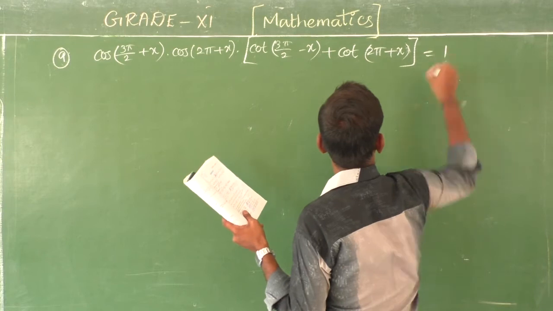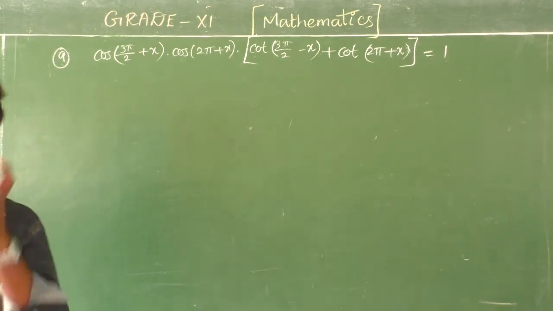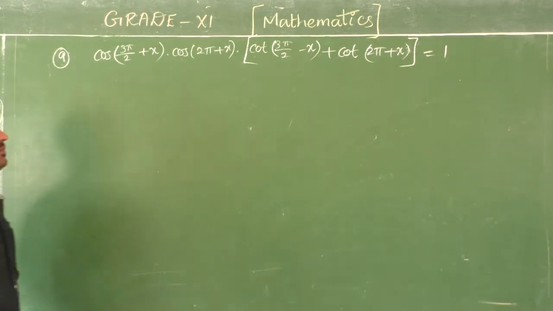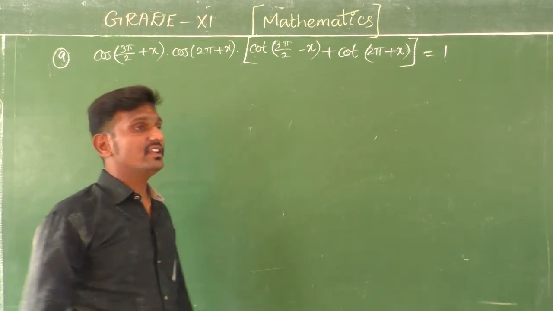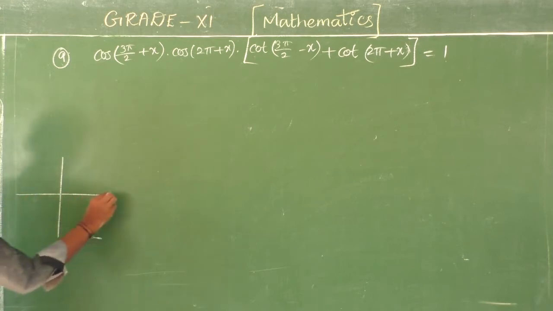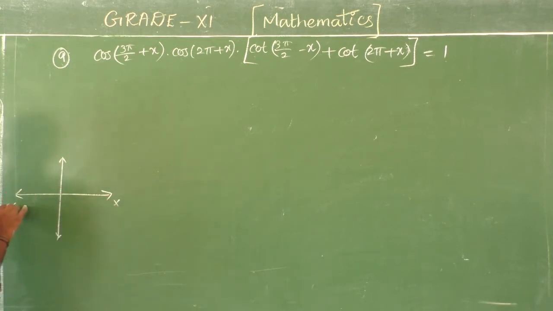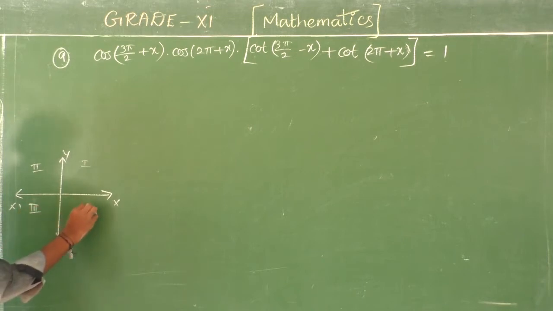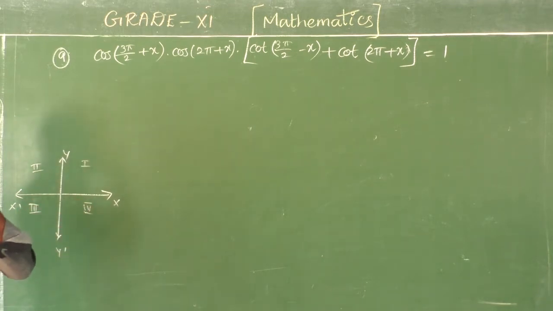is equal to 1. Before that you should recall the trigonometric functions. So we have four quadrants, with X dash, Y dash. This is the first quadrant, and this is the second, third and then fourth. Just recall now.